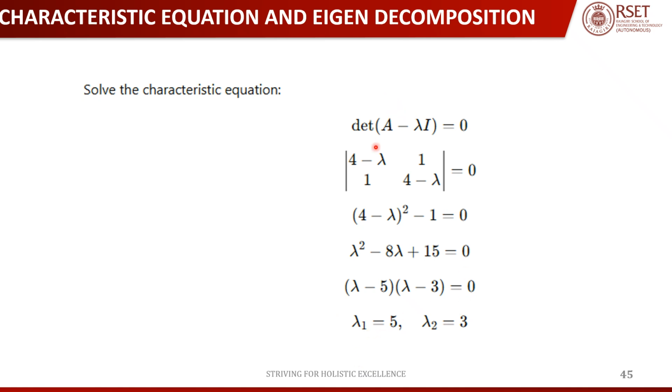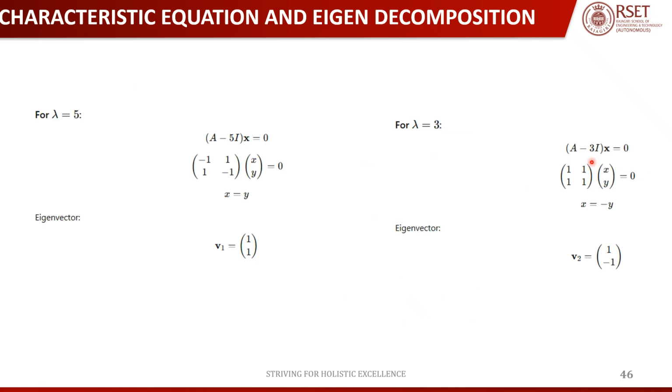How do we find them? We'll find the matrix A minus lambda I. So when lambda equals 5, A minus 5I into x equals 0, we'll find this x. So A minus 5I is given by this particular matrix, minus 1, 1, 1, minus 1, and x will be a component of R2.